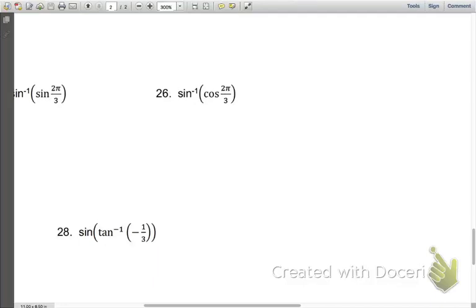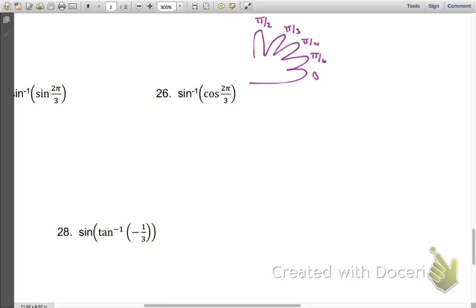Now, on my key, what I did is at the top I put 0, and then pi over 6, pi over 4, pi over 3, and then pi over 2. Okay? Those were my radian measurements.